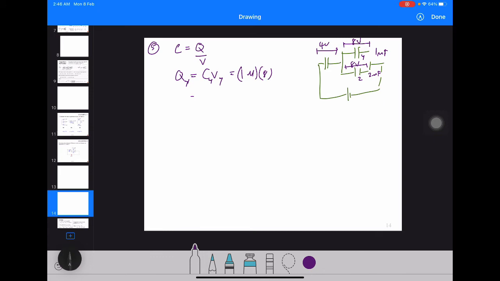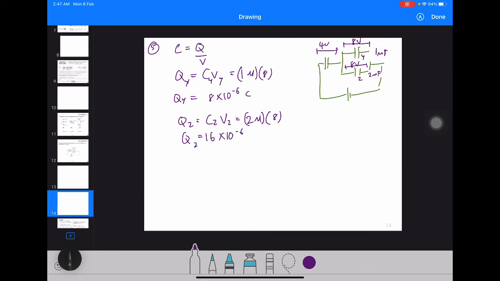So I get here 8 times 10 negative 6 coulomb. QZ is equal to CZ VZ. So it will be 2 micro multiplied with 8, which is 16 times 10 negative 6. And you can see here, oh, this one is Z.